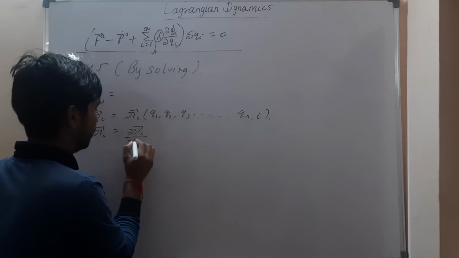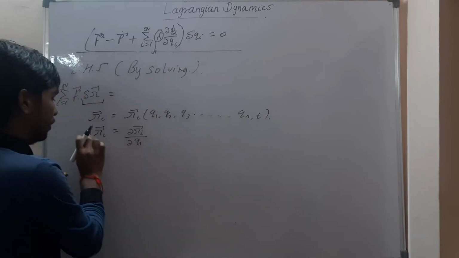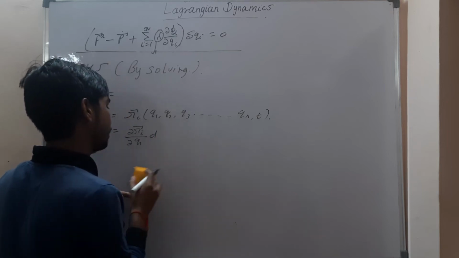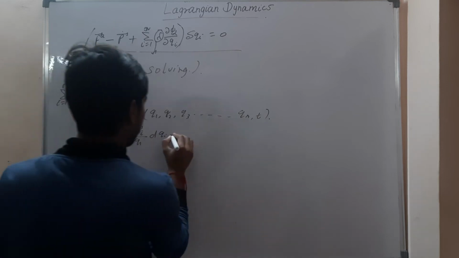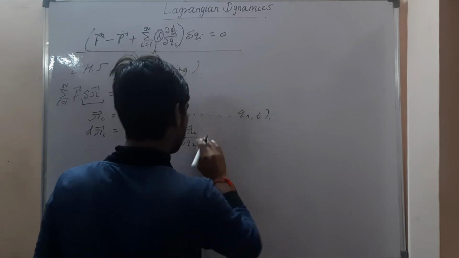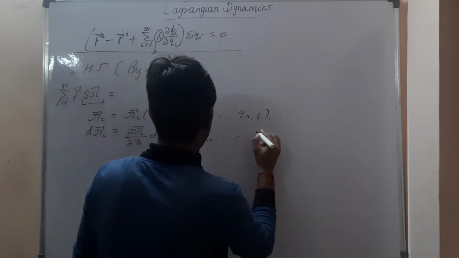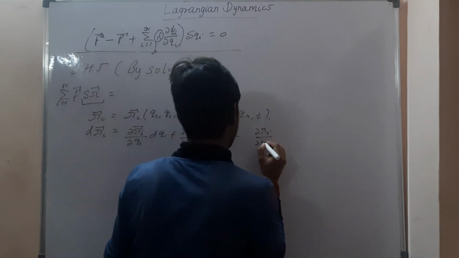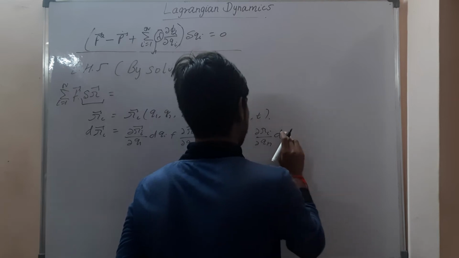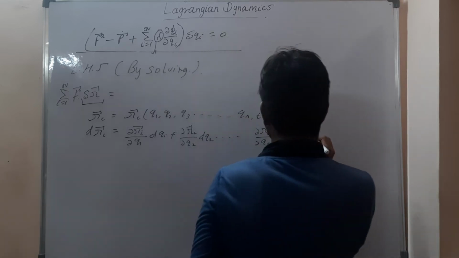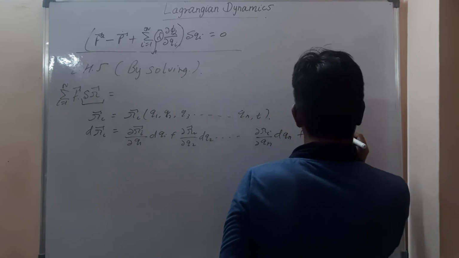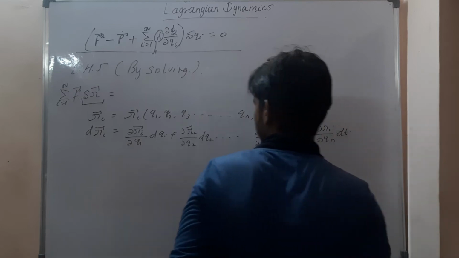I can write del Ri divided by del Q1 times dQ1. Similarly del Ri by del Q2 times dQ2, and for the nth coordinate it will be del Ri by del Qn times dQn, plus del Ri by del t times dt.